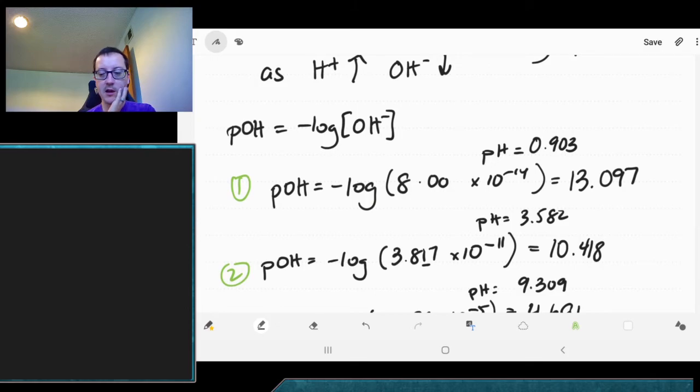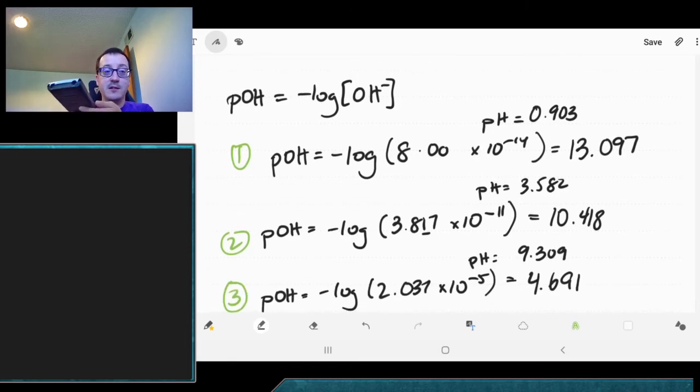Okay, let's verify. 0.903 plus 13.097. Aha, 14. If you check the rest of the numbers, you'll see that solutions 2 and 3 will also add up to 14.